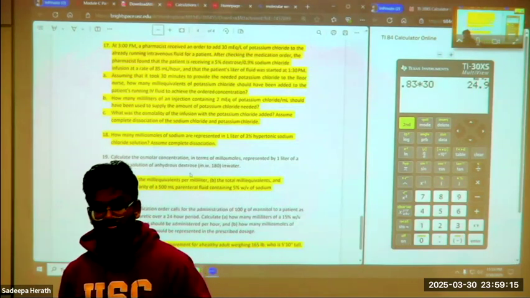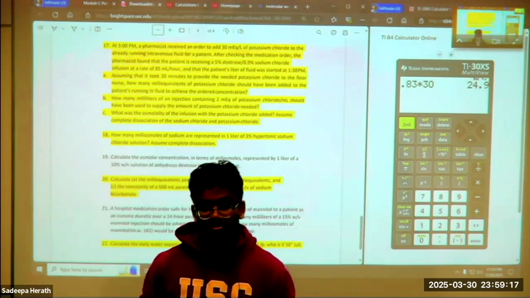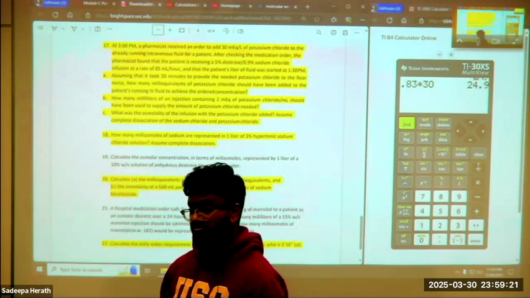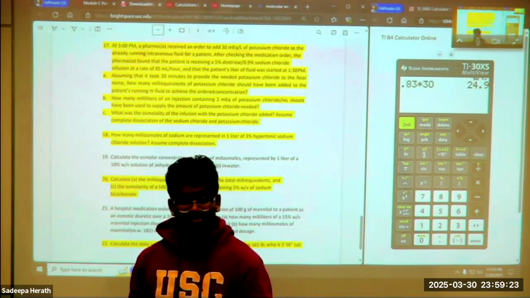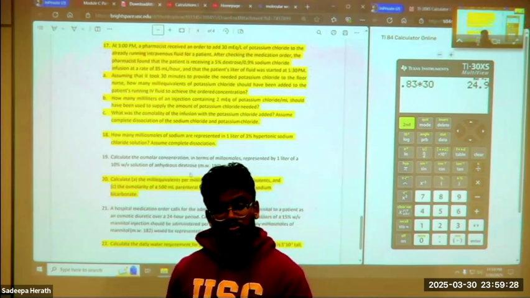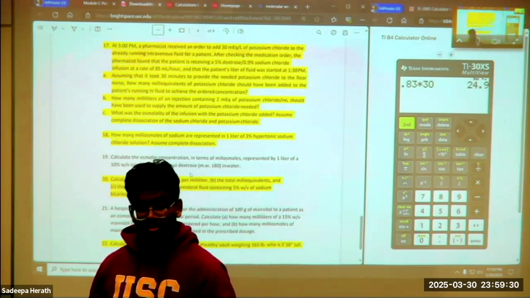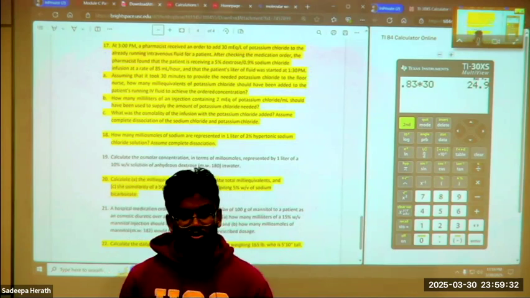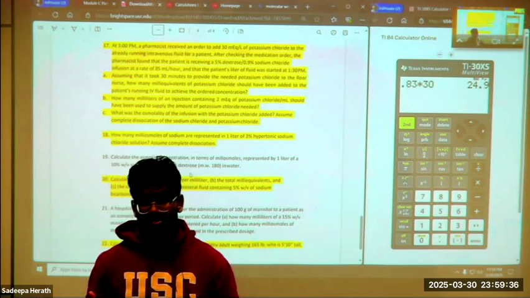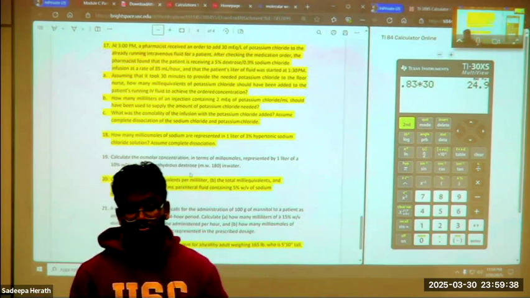Why milliosmoles, right? We said that these are defining osmotic pressure. Osmotic pressure is the ability of water to diffuse from a solvent with low concentration to a solvent with higher concentration. Why would you want to go from low to high? Because usually when we hear diffusion, we hear high to low, right?